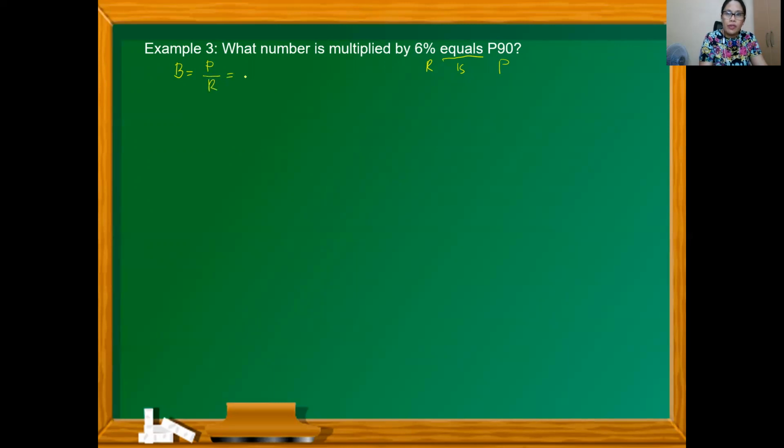So substituting the given in the problem, this is 90 divided by 0.06, because we know that 6% equals 0.06. So we divide 90 by 0.06. We have 1,500 pesos.